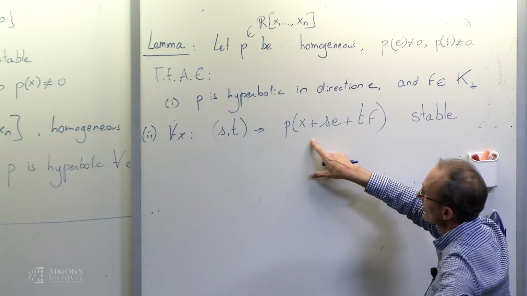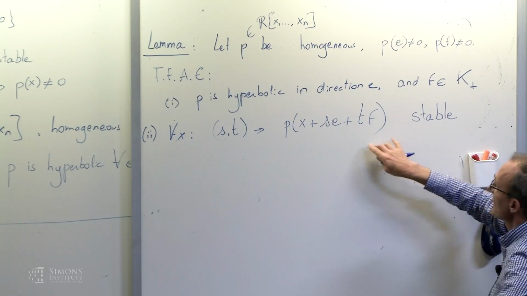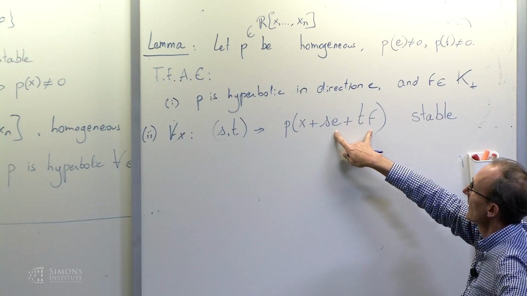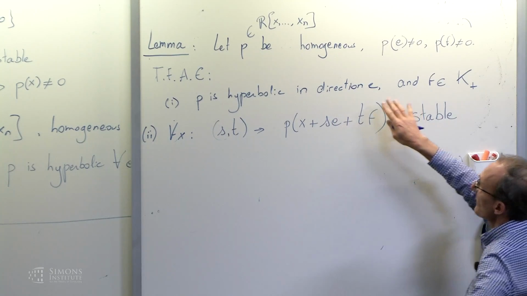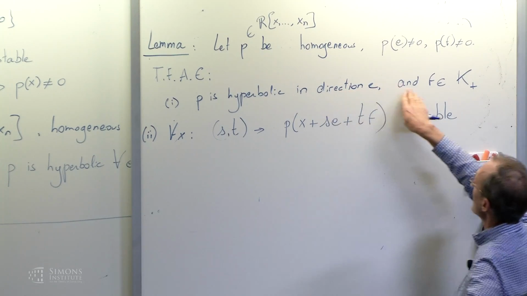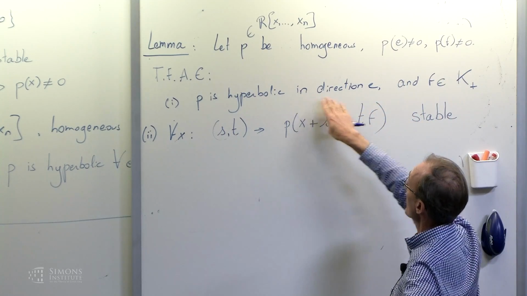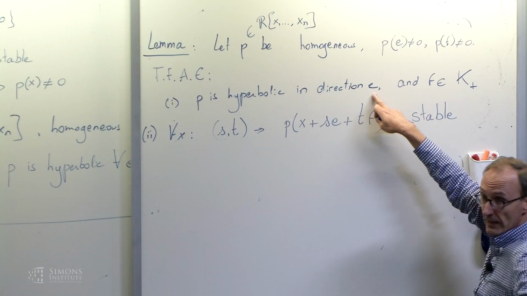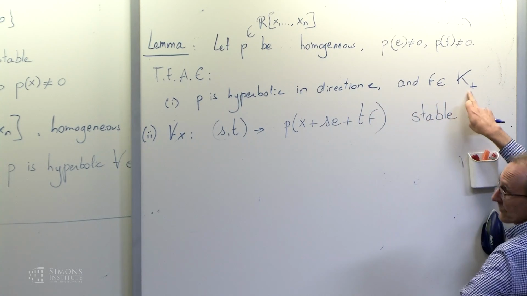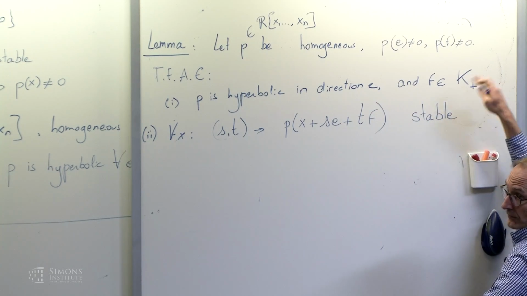So once we show this as a basic corollary, since this is symmetric in E and F, it shows that if P is hyperbolic in direction E, and I take a point which is in the hyperbolic cone, then it's also hyperbolic in that other direction, and E belongs to the corresponding hyperbolic cone.